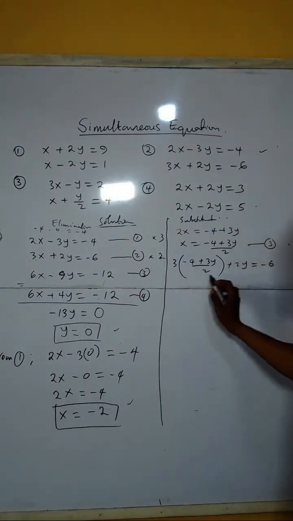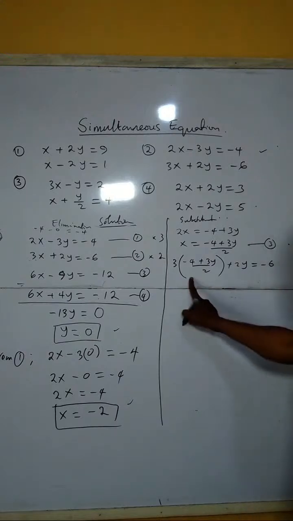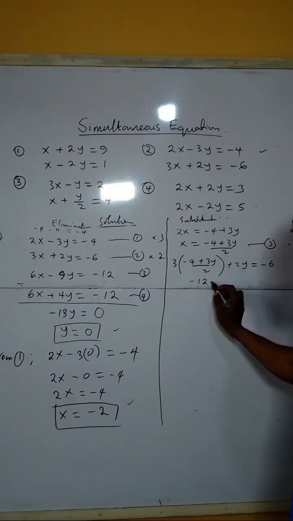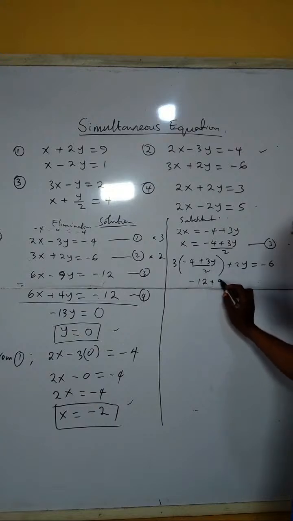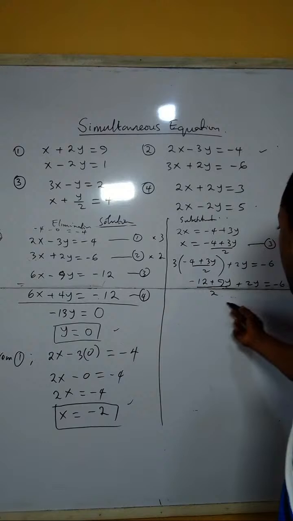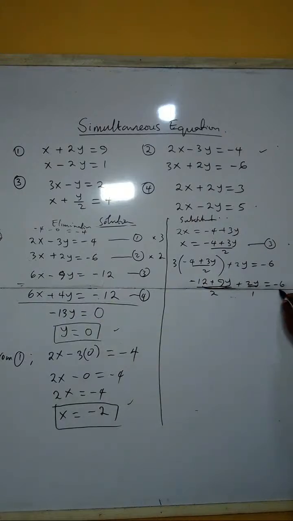Then, when you open this bracket, this becomes 3 times minus 4, that's minus 12, then plus 3 times 3y, that's 9y, then over 2, then plus 2y equals to minus 6. Now we clear this fraction. Since we have 2 as the LCM, you multiply through by 2.